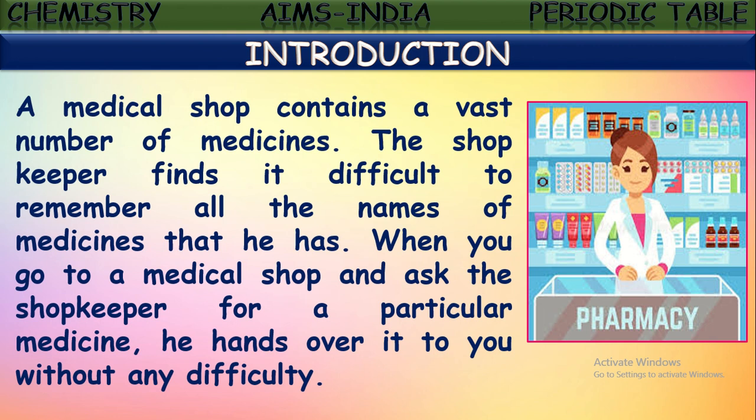Whenever you go to a medical shop, you observe that there are different lots of tablets, syrups, injections, cosmetics. But when you ask for a particular tablet, immediately the shopkeeper will go and collect the tablets from that box and hand them over to you without any difficulty, isn't it?